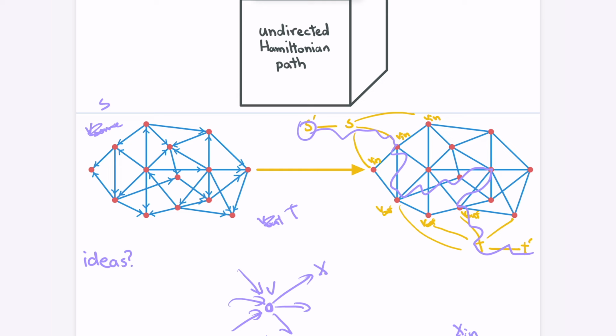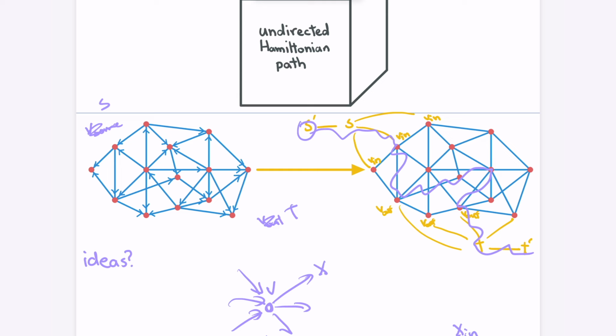There's no particular direction in this because it's an undirected graph, but the endpoints are S prime and T prime. And within those there's S and T. Starting from S, it's going to have to do this in a middle out, middle out, middle out pattern, because the only way to visit all the middles along the way, if you're ending at T prime, is to visit all the middles.